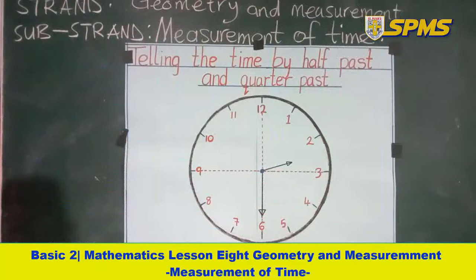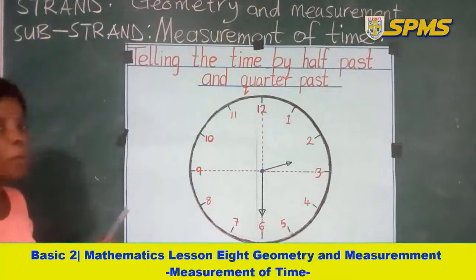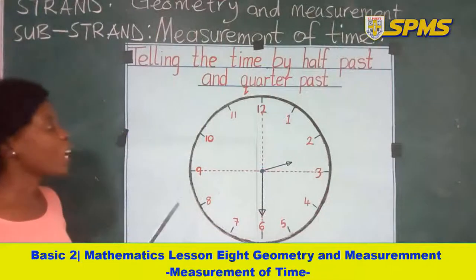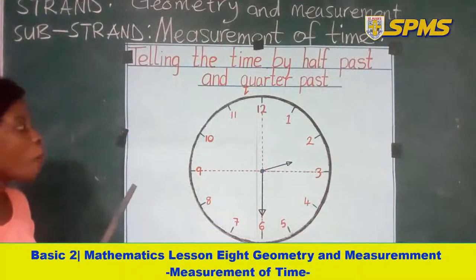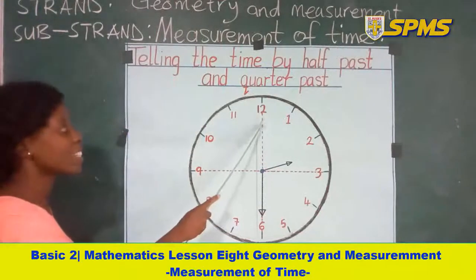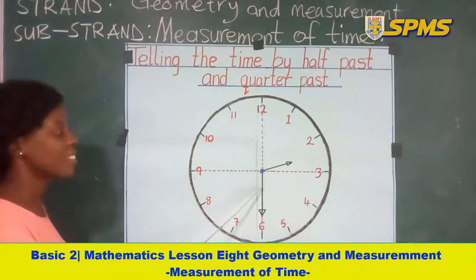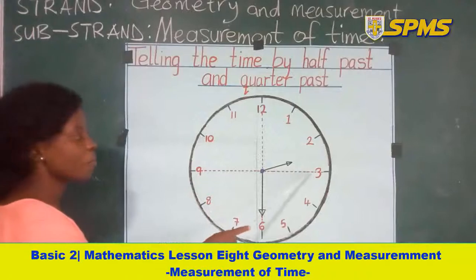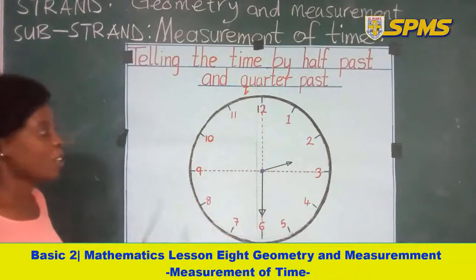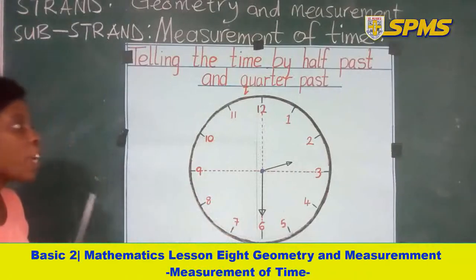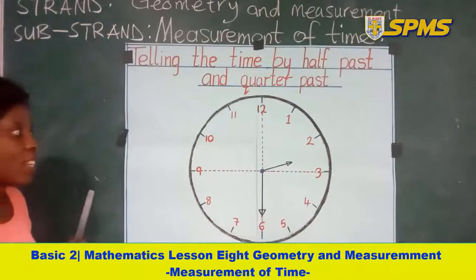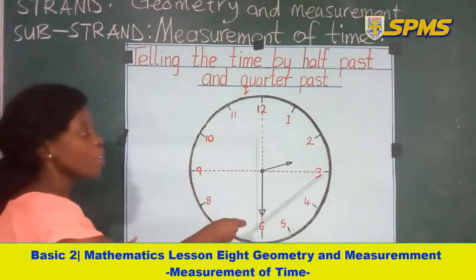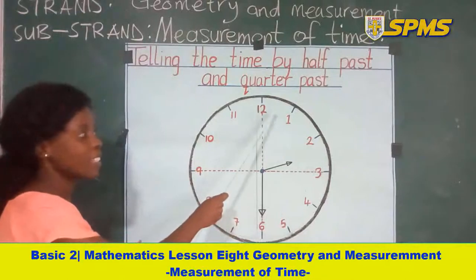Now we have an example of a clock face on the board. The face of the clock is divided into 4 equal parts with broken lines. I hope you can see them. So it has been divided into 4 equal parts. So as we have learned, from 12 to 3 is 15.